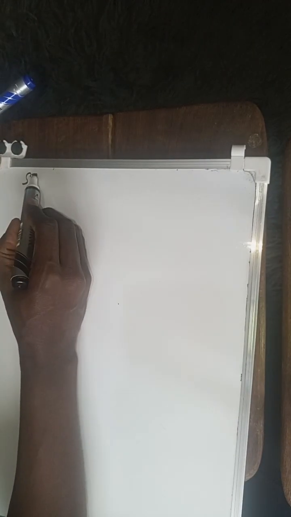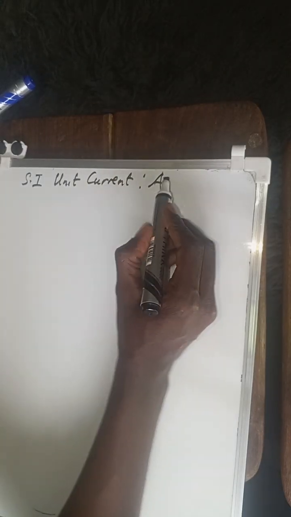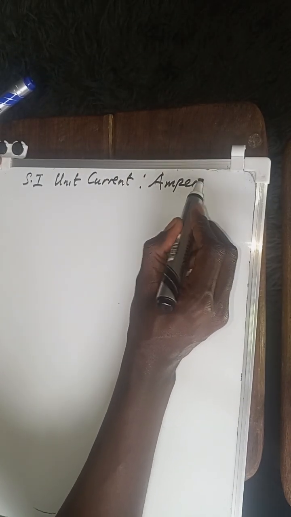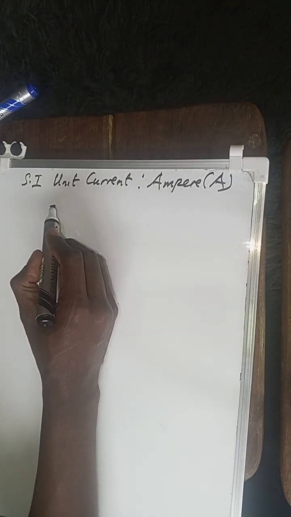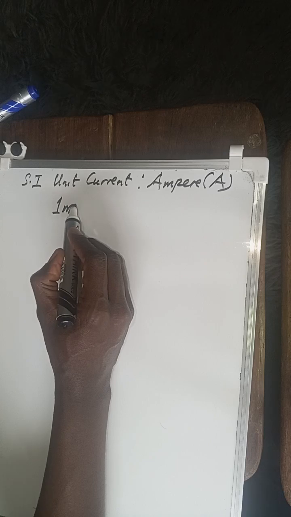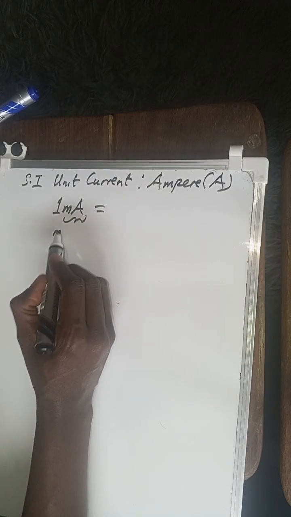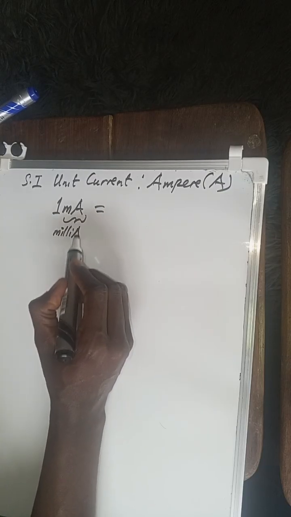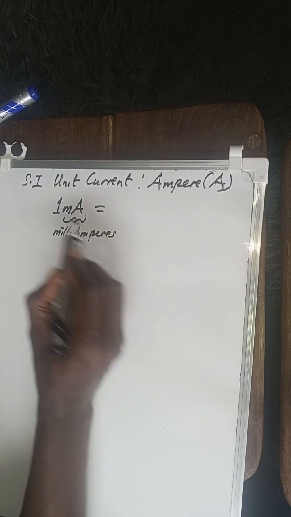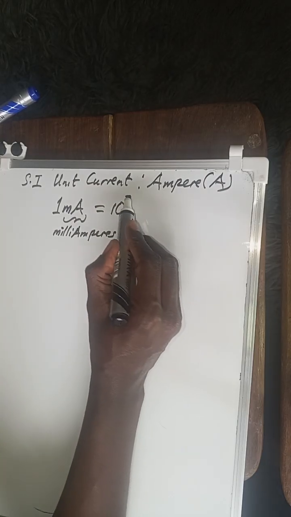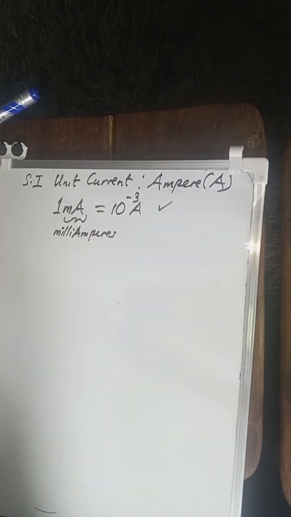Even if we are doing science, the SI unit for electric current is the ampere, capital letter A. But sometimes they can express it in smaller units, like mA, which represents milliamps. When you have been given milliamps, 1 milliamp is equal to 10 to the power negative 3 amps. You need to remember that.